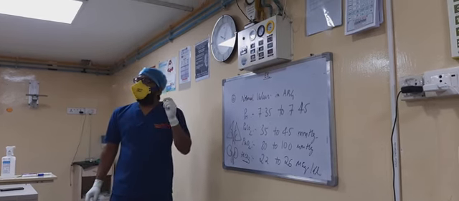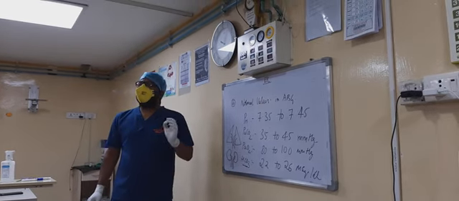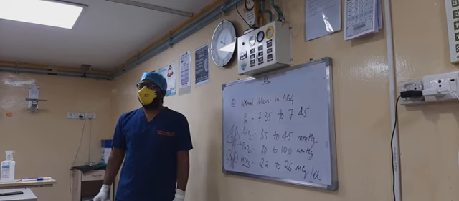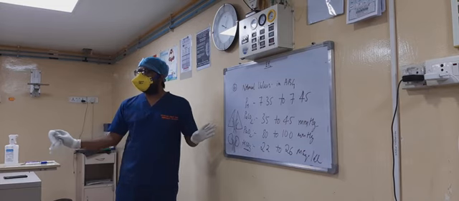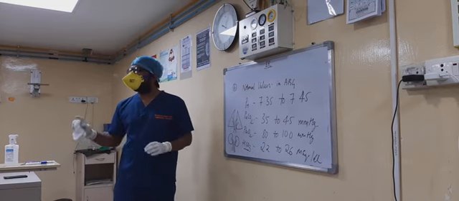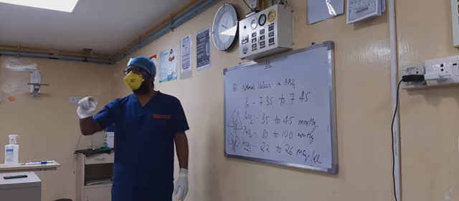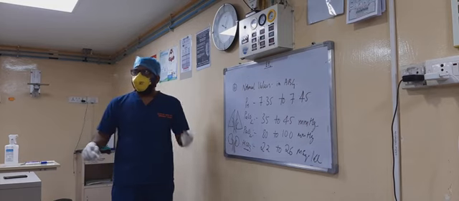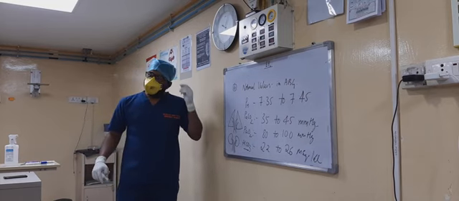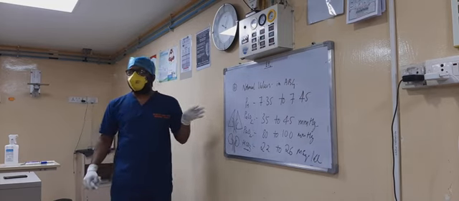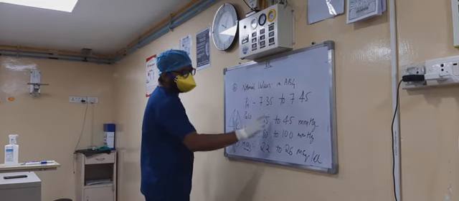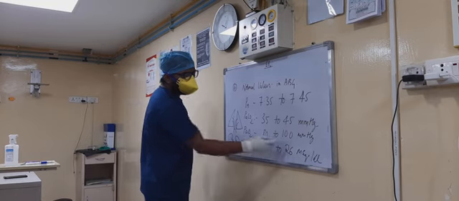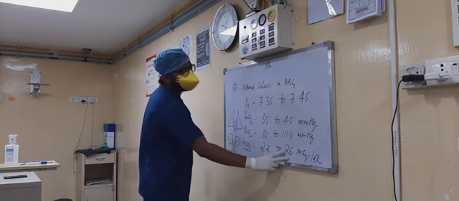These values should be in your brain even when you are sleeping. Without knowing these values, you can't diagnose ABG. You should not depend upon the values which are there in the ABG. You have to know them by heart at any cost. This is simple. 7.35, 35 to 45, 80 to 100, 22 to 26. Only this thing is different.